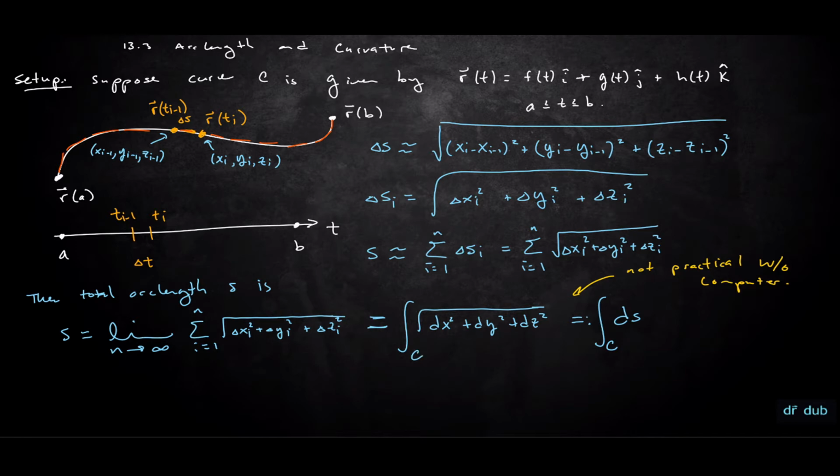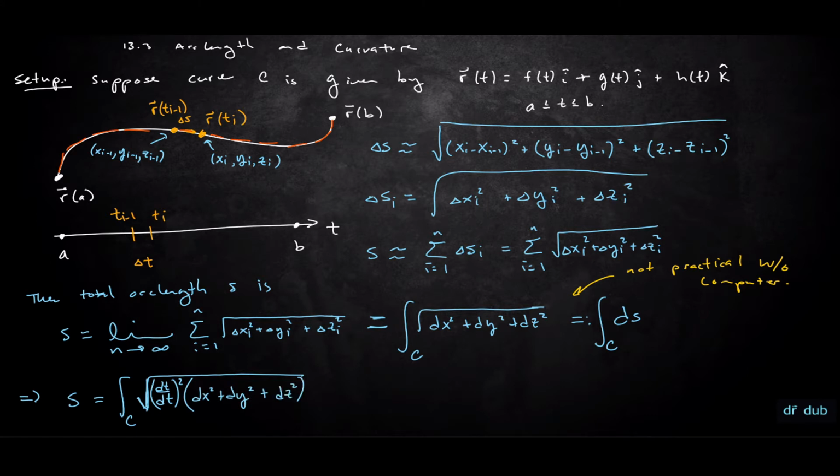But for our purposes, doing stuff by hand in calculus and theory, the best thing to do at this point is to modify this a little bit using differentials. So for our purposes, we're going to say s is the integral over the curve C of the square root of, and I'm going to do something that may be a little frowned upon by mathematicians, I'm just going to say (dt/dt) squared times dx squared plus dy squared plus dz squared.